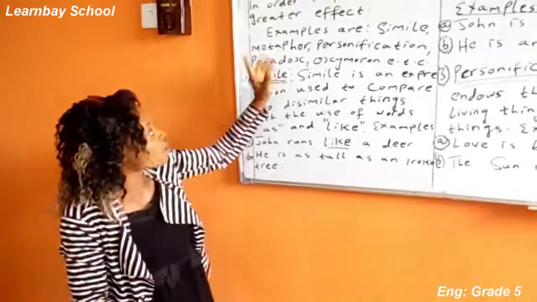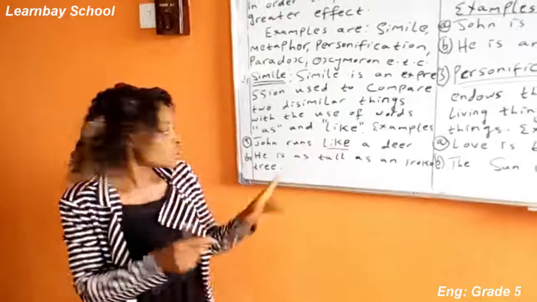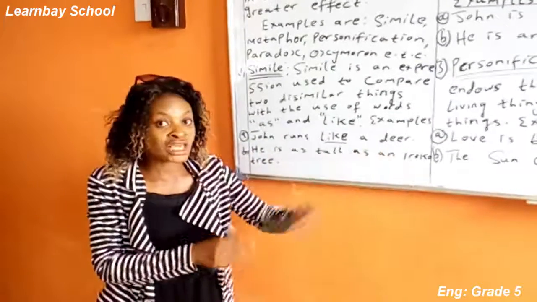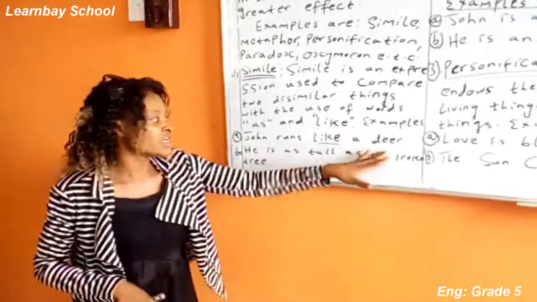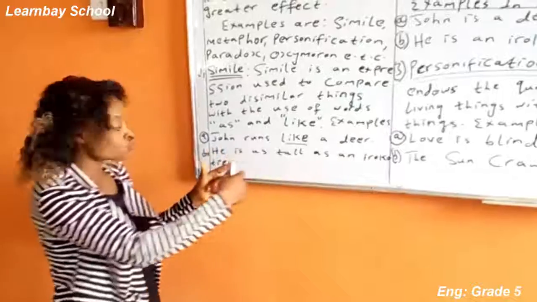That's why I used the word dissimilar earlier. Here we compare John, a human, with an animal that can run so fast. So the word "like" is the simile marker used to compare the two things.